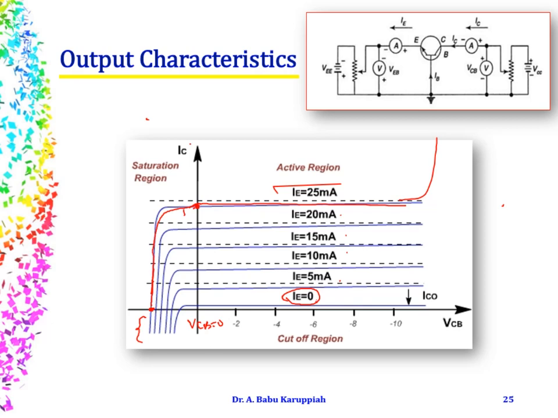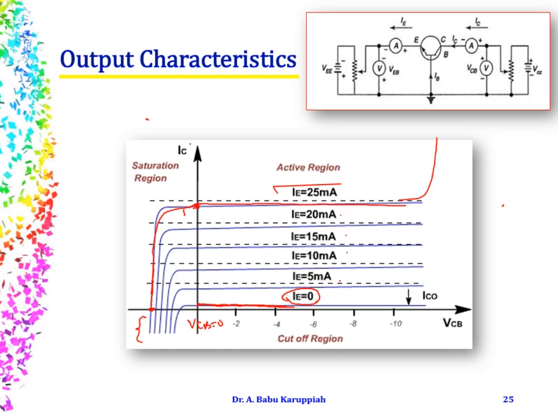When the emitter current is going to be 0, still there is some amount of current that is going to flow. Understood? There is an amount of current that is going to flow even when your emitter current is 0. And this is because of the minority carriers flowing from the collector region.